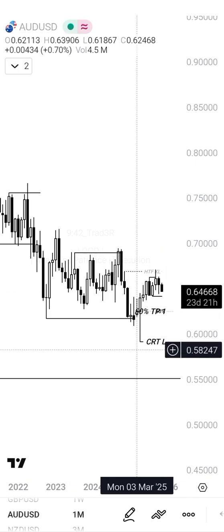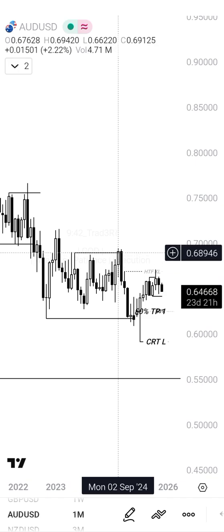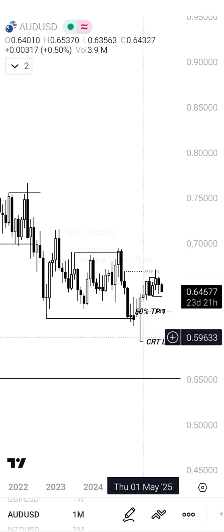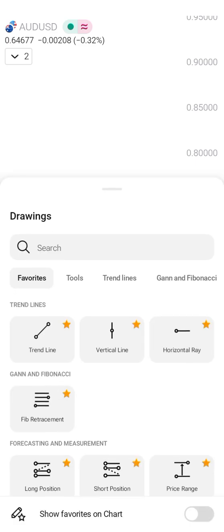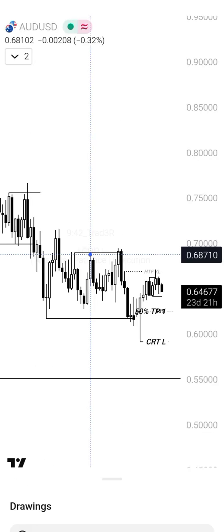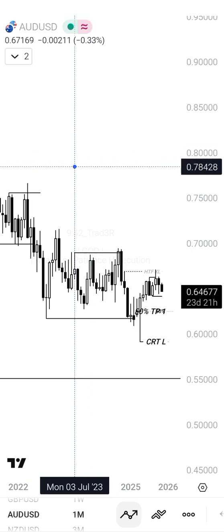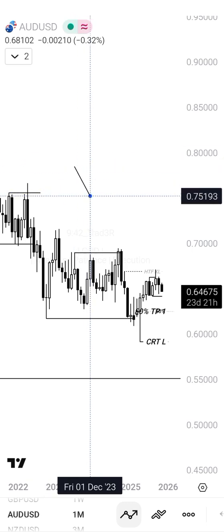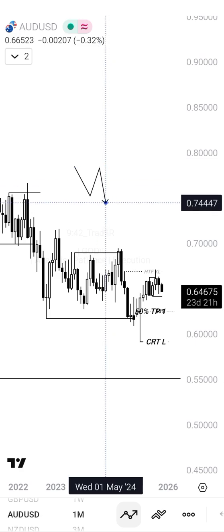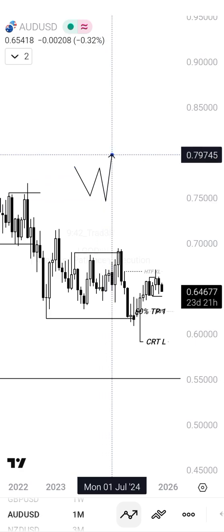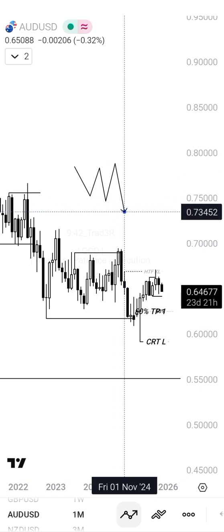Then when price came back to the premium aspect of this high to this low, I can now anticipate bearishness, which was this structure I drew previously: price creating a high, a low, coming back to take that high, and breaking and closing the previous low.